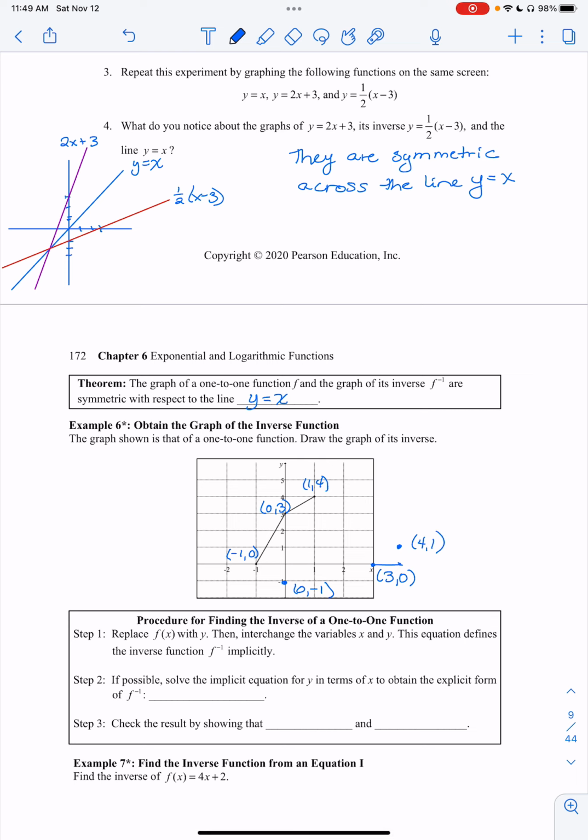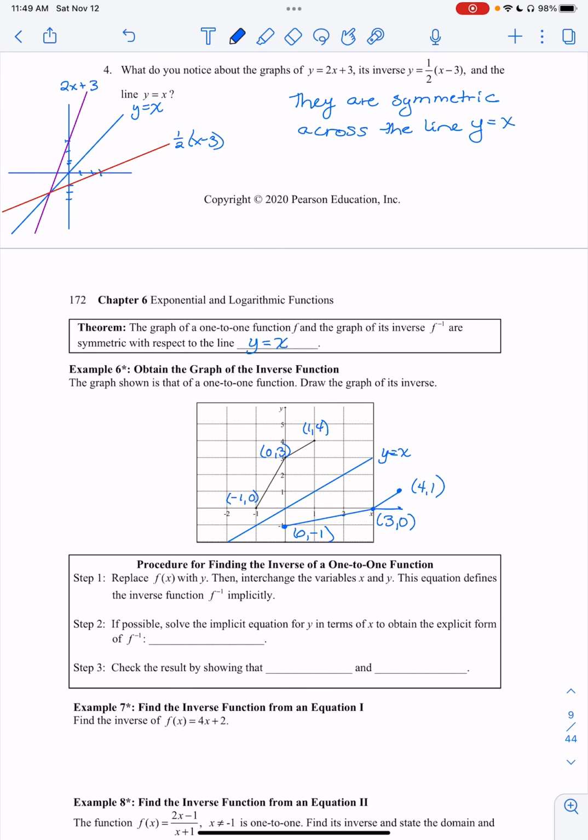And so what I would have is just connecting the dots. To me it doesn't look very symmetric the way they did it because their scales aren't the same, but it should be symmetric across that y equals x line.